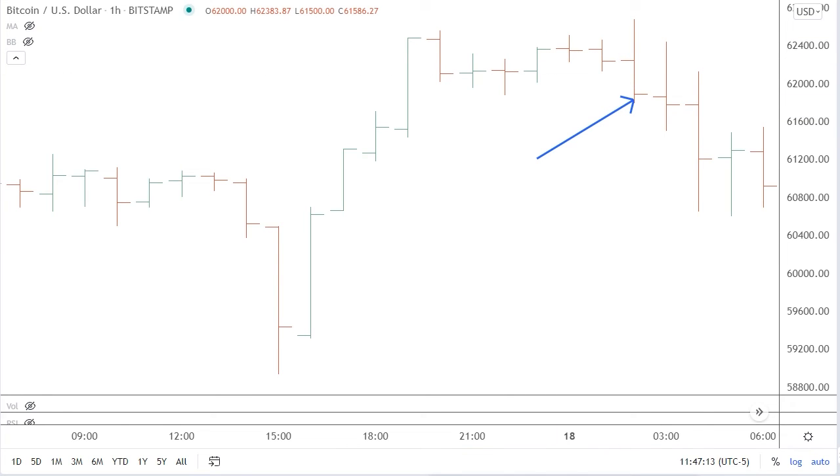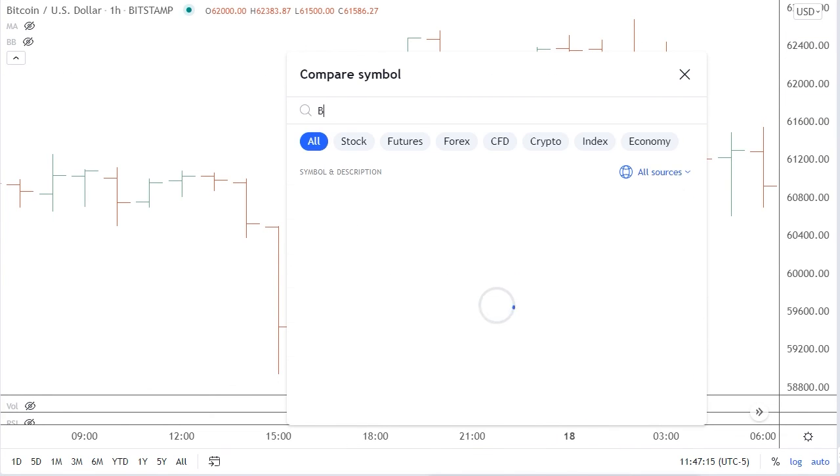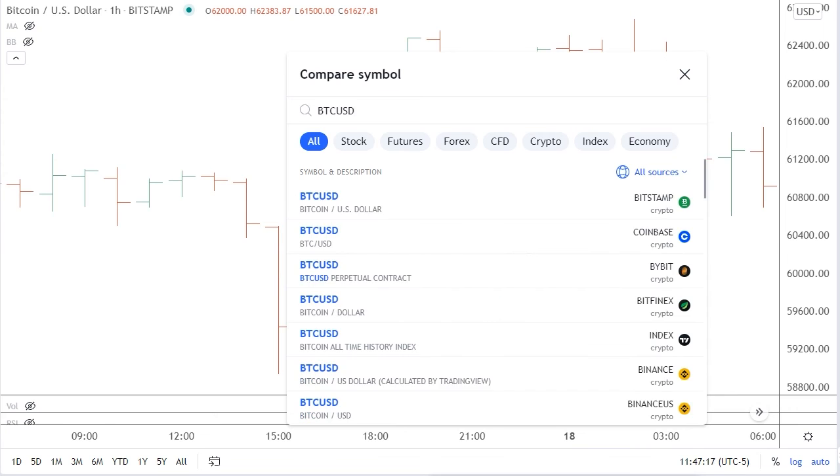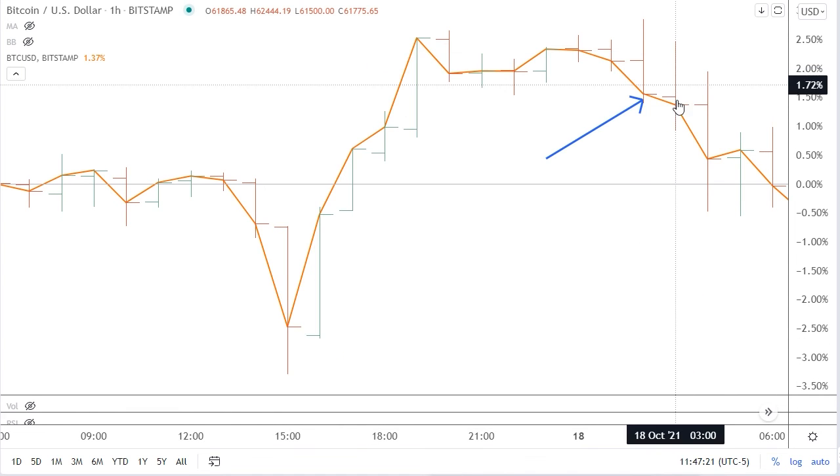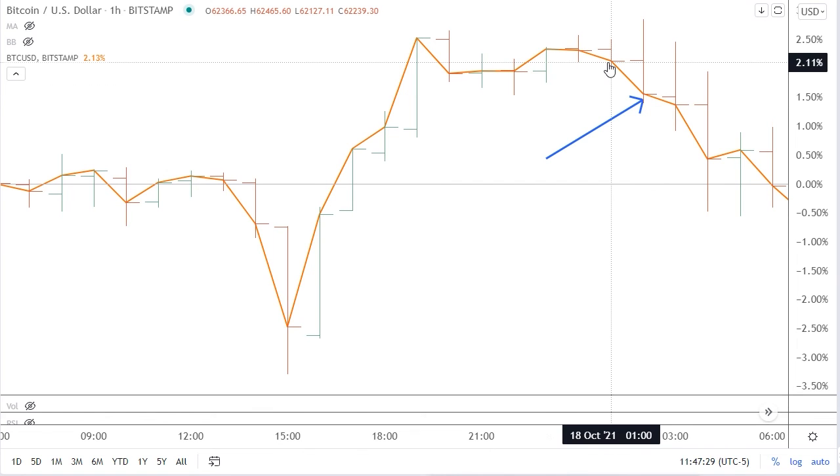So if we were just looking at this on a line chart, all we would have seen is a spot down here. And comparing to the previous spot on the previous hour, it would just look like a down candle.